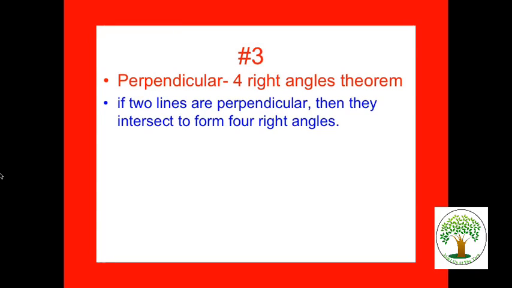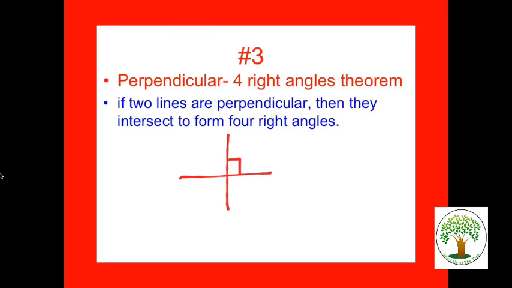If two lines are perpendicular, I'm going to stop there. I'll draw. If two lines are perpendicular, it says that they form how many right angles? 4. 4 right angles. That's almost what it means to be perpendicular.